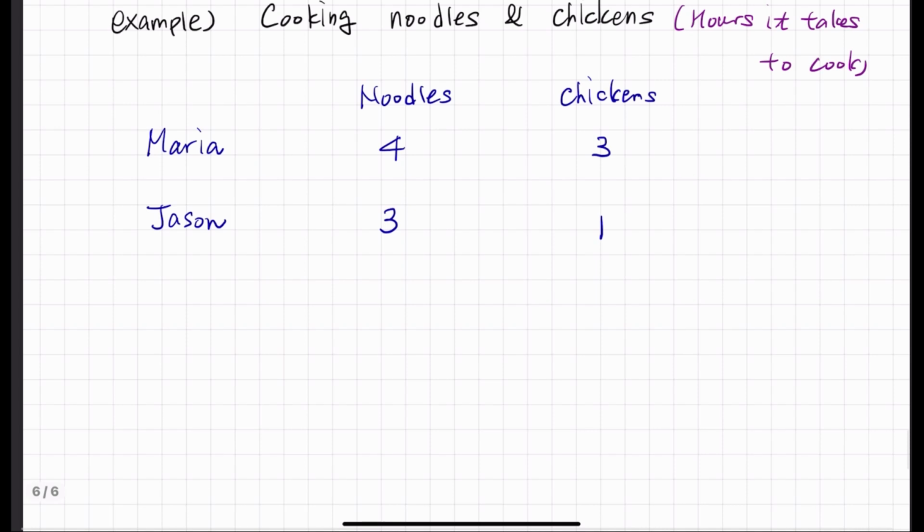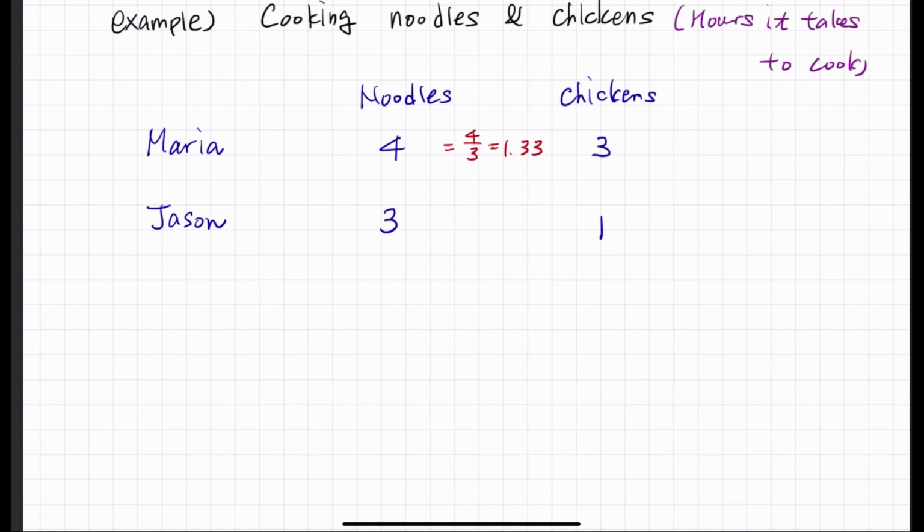So, let's find the opportunity cost. If Maria chooses to make noodles, Maria should give up 4/3 chickens. It would be 1.33.